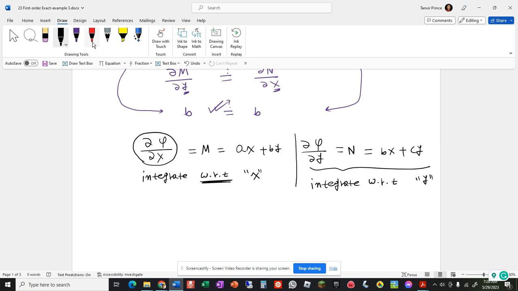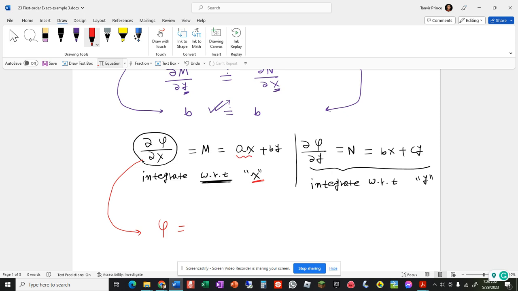So let's do that. Here I'm going to get back the original function phi. Remember, you're integrating with respect to x. So x is the variable, y is like a number, and you are doing an integral, not a derivative.